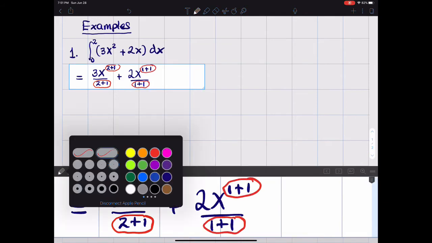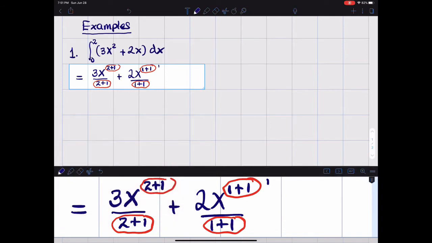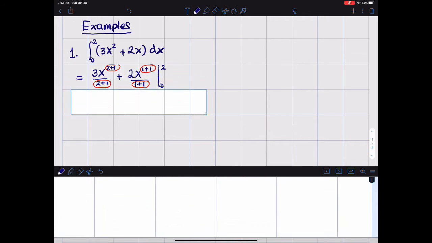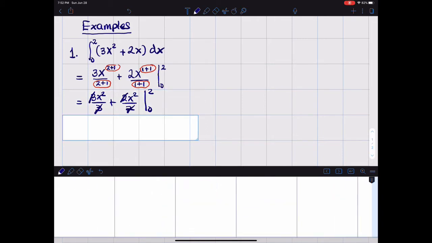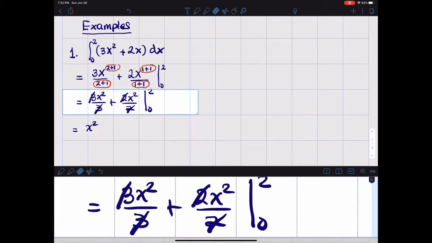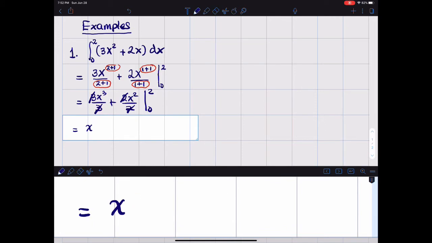So you plug in 0 and you plug in 2 and you subtract. This is the same thing as 3x cubed over 3 plus 2x squared over 2, from 0 to 2. Then you cross this out and you're left with x cubed plus x squared.